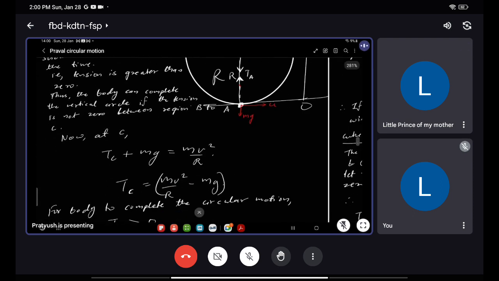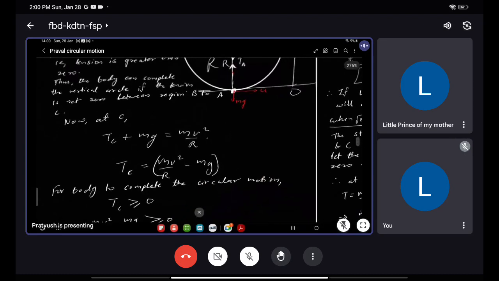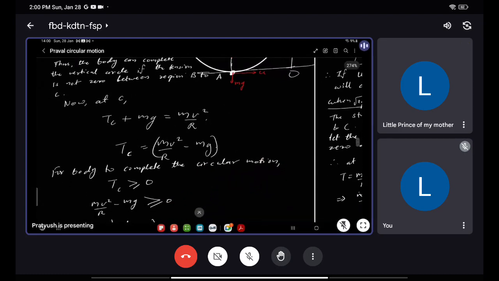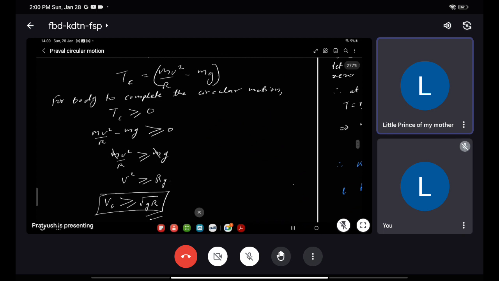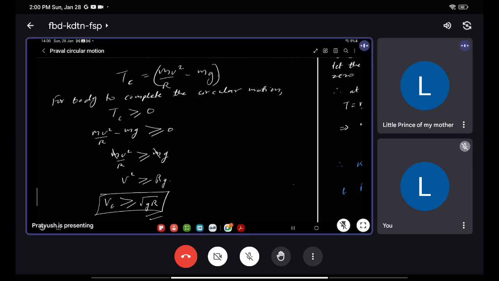Balance both of them. What do we get? Tc equals mv square by r minus mg. Now, for the body to complete the circular motion, this Tc tension must be greater than 0. From here we are getting velocity at C must be greater than or equal to under root of gr.